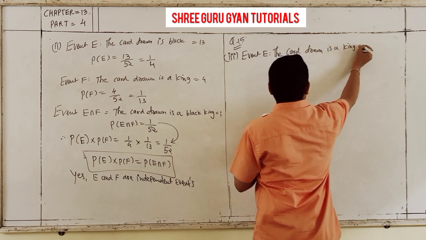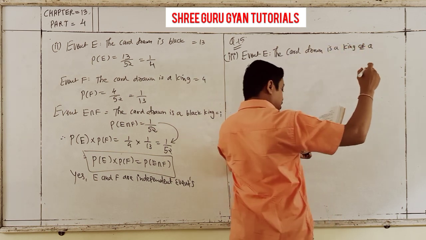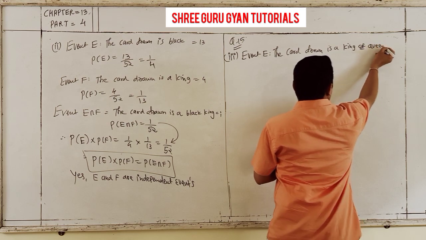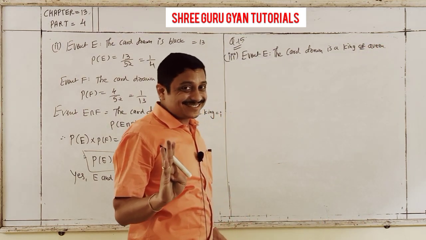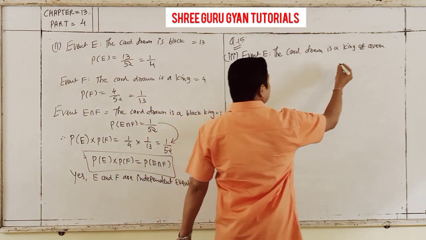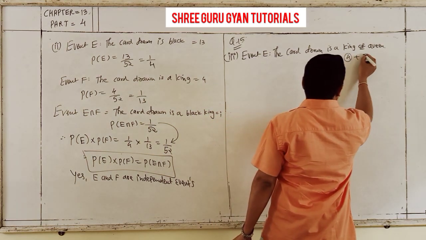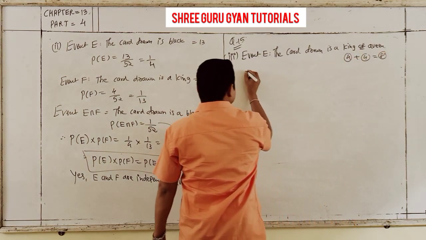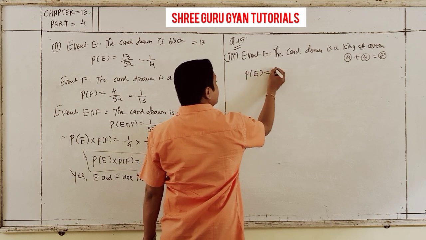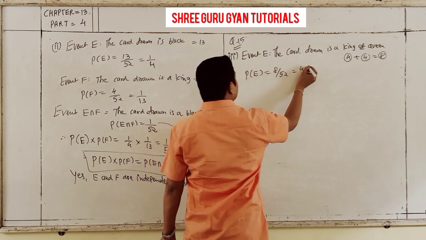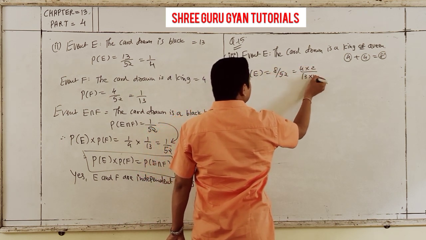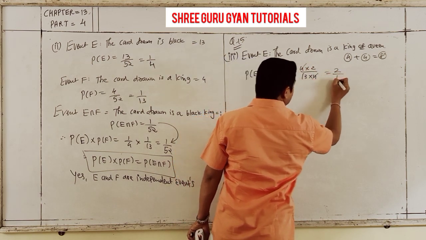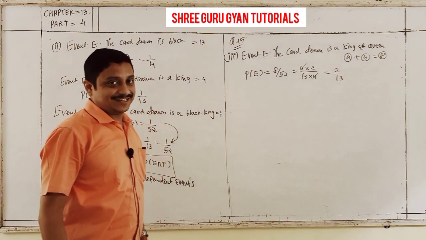King has 4 cards, queen also 4, so indirectly 4 plus 4, it is 8 cards. So probability of E, 8 by 52, which is 2 by 13.